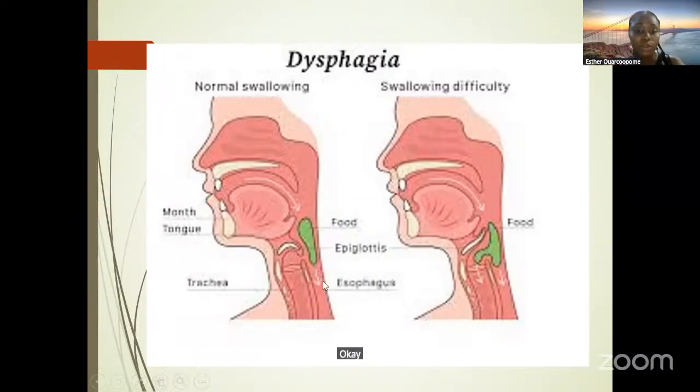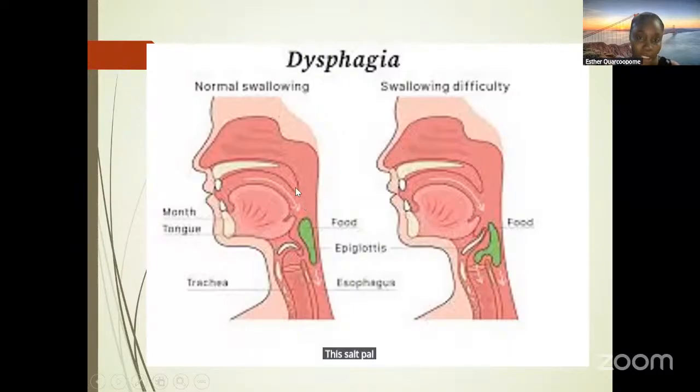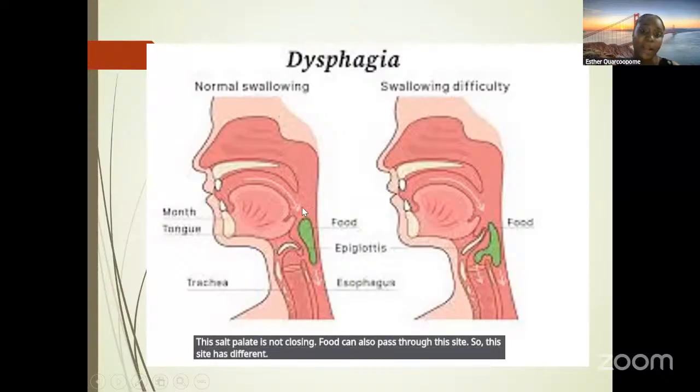We have different nerves controlling things here and different nerves controlling here. And if the soft palate is not closing, food can also pass through this side. So this side has different dysphagia from dysphagia happening in the esophagus.